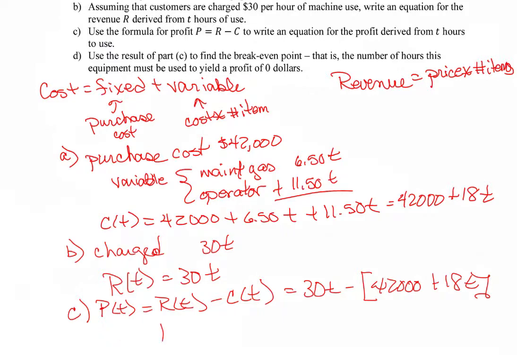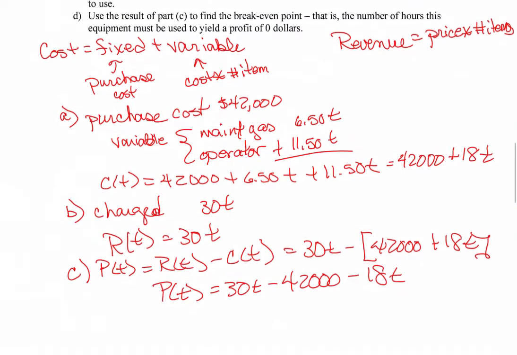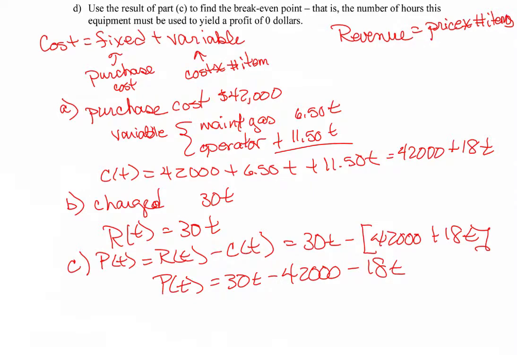So the profit is going to be 30T minus 42,000 minus 18T, so the profit is going to be 30 minus 18, which is 12T minus 42,000.